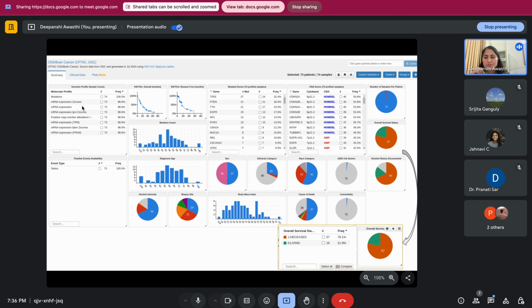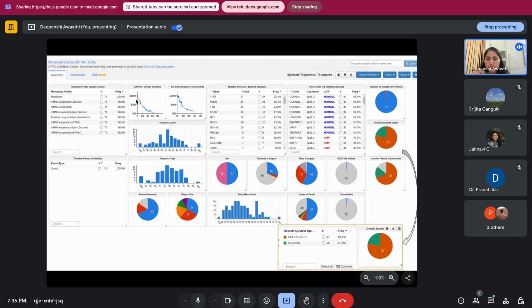Then mRNA expression Z scores, then mRNA expression TPM Z scores. There are multiple molecular profiles showing how the transcription or expression is changed, and similarly the number of patients and samples showing this change will be given, and the frequency of that mutation or frequency of that expression.